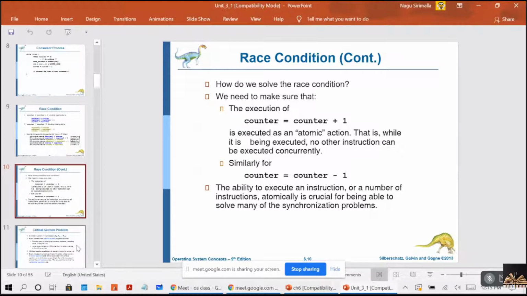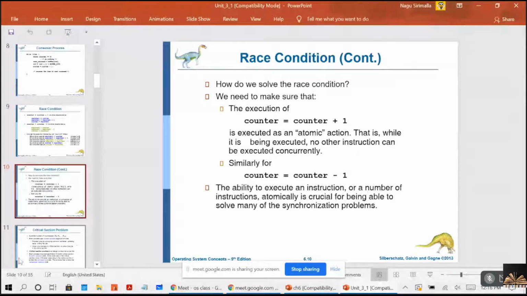So, to guard against the race condition, how do we solve it? We need to ensure that only one process at a time can be manipulating the variable count. To make such a guarantee, we require that the processes be synchronized.